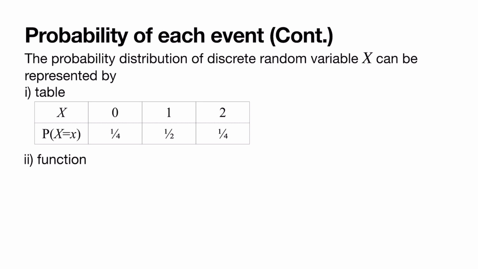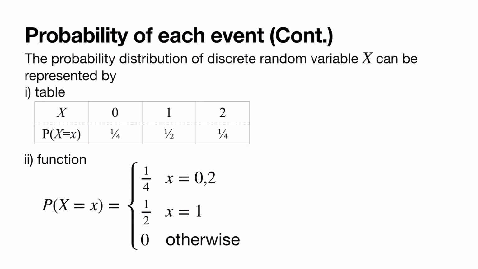If it says function, you need to write it like this. This looks like what we learned in chapter 5, functions. This is a piecewise function. Very good. Notice how to write this piecewise function.